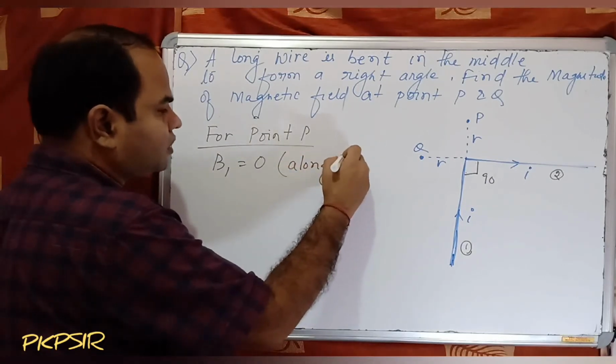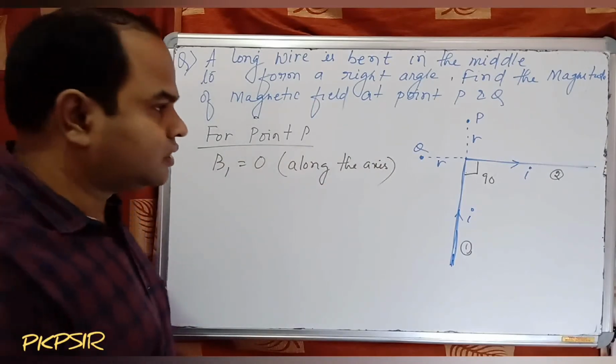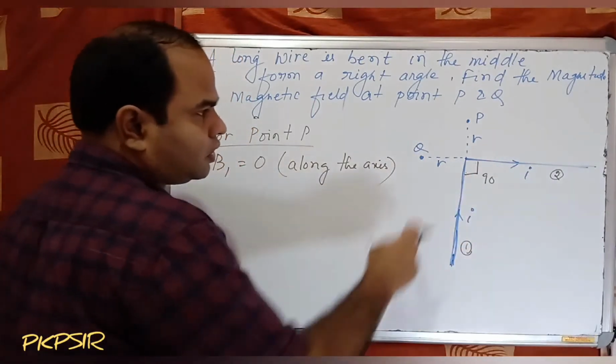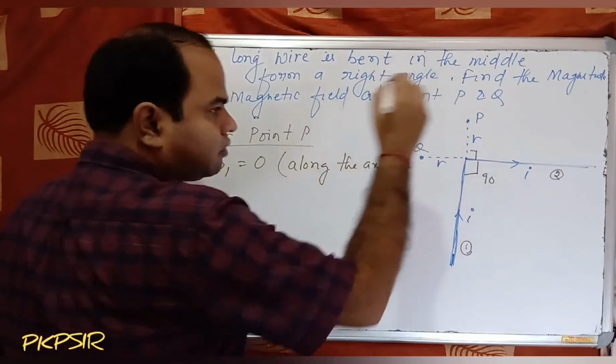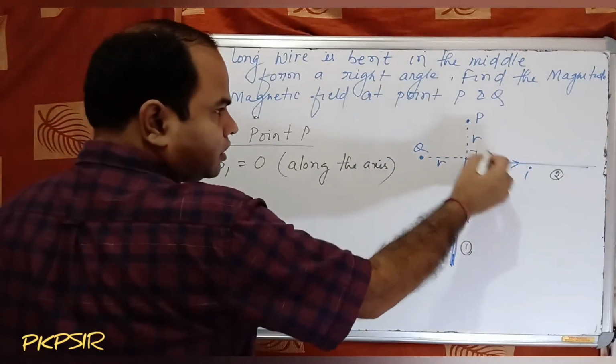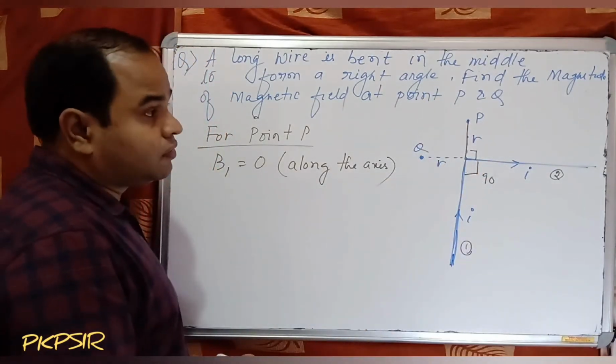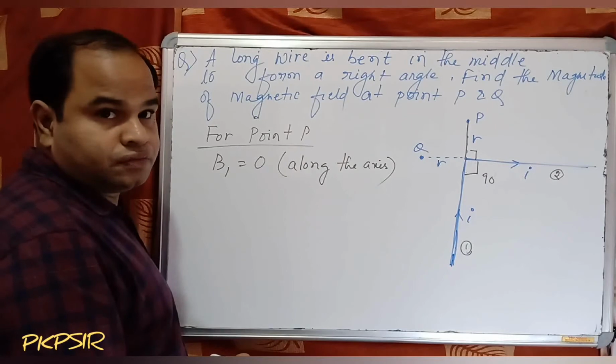the magnetic field is 0. Now if we look at the second conductor, point P is at a perpendicular distance r from the second conductor.